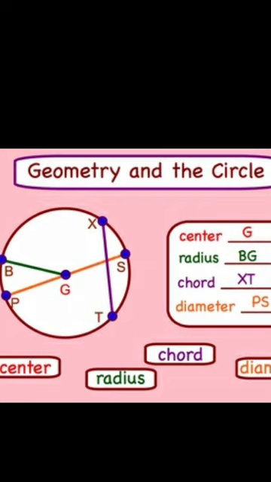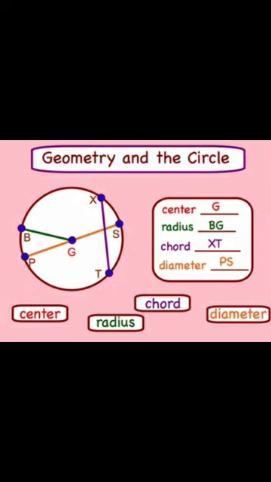So we can write any. Next, chord XT is the chord. Number 4 is diameter. Now, what is diameter? A line which passes through the center of the circle. So here PS is the diameter. So now what all can we find? Center, radius, chord and diameter of the circle.